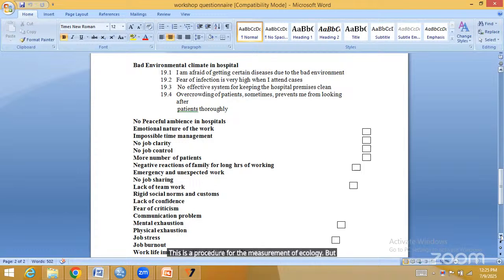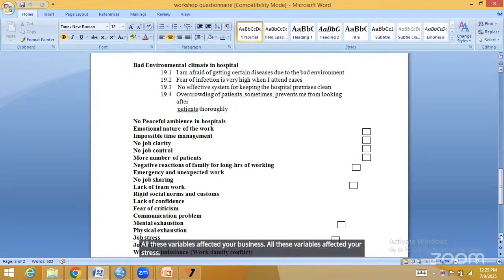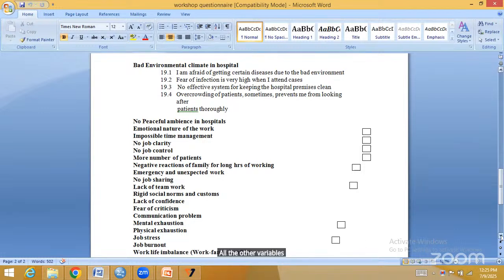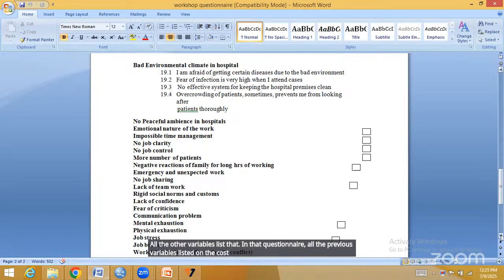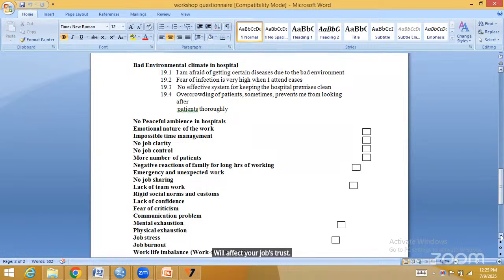But my question, all these variables affect job stress. So job stress is a function of all the other variables listed in the questionnaire. All the previous variables listed in the questionnaire will affect job stress. Job stress will create job burnout.